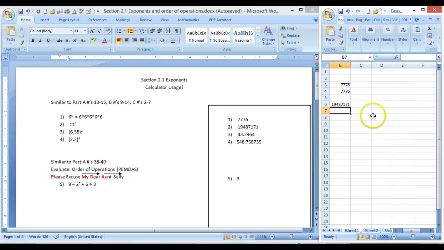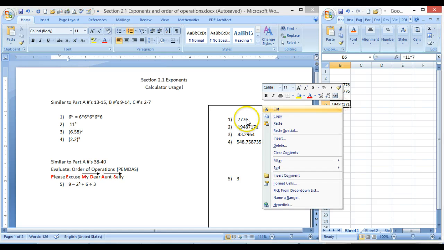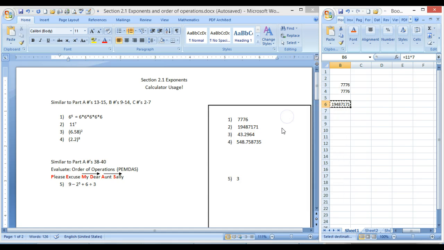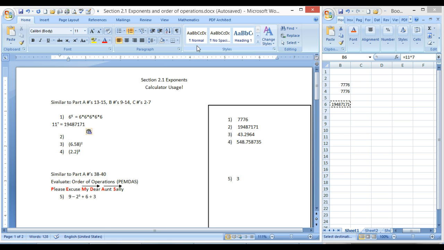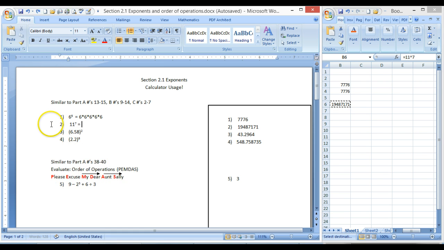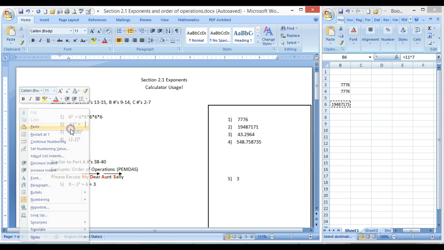So there we go. We have 19,487,171. Another fun thing about this is if I'm typing it all out, I can copy and then come over here, make sure I get out of my superscript for the exponent, and press Control V to paste, or right click and paste.